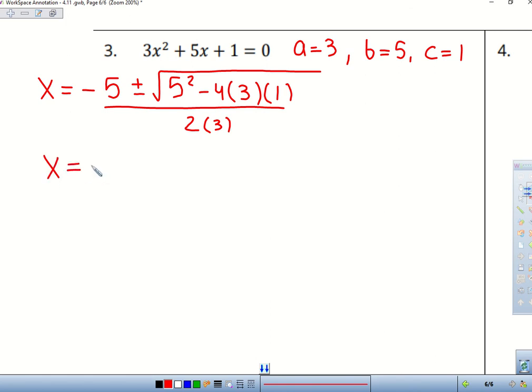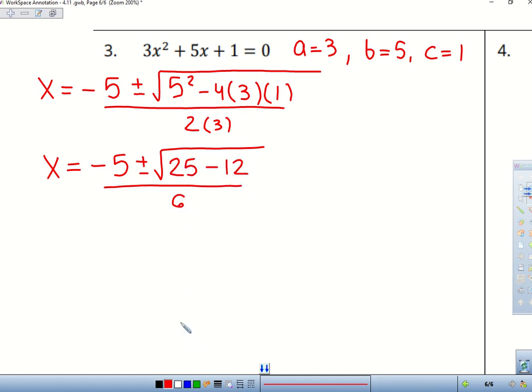That's x equals negative 5 plus or minus the square root of 25 minus 12 all over 6. That's x equals negative 5 plus or minus radical 13 over 6.